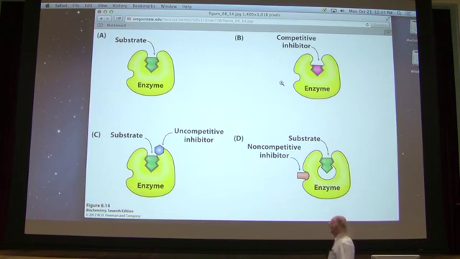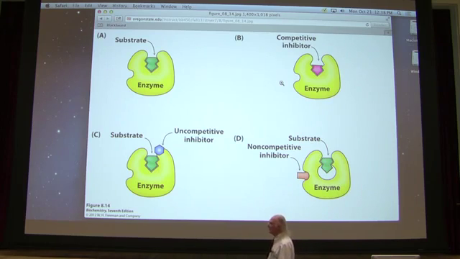Okay? Well, that's depicted in this upper right schematic that you see up here. We have a compound that's pink that has the same basic shape as the substrate, and because of that, the enzyme grabs a hold of it just like it would the normal substrate, but it's chemically different, and it's been chemically modified so that the enzyme can't do anything with it. We've just made what I would describe as a competitive inhibitor.